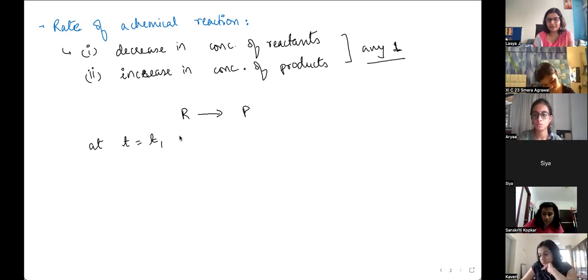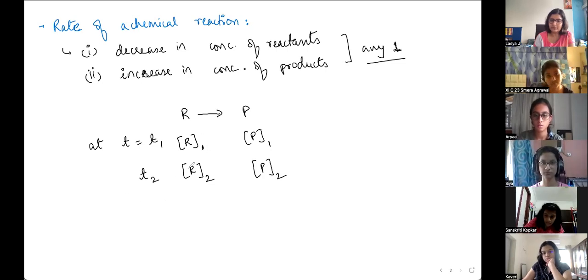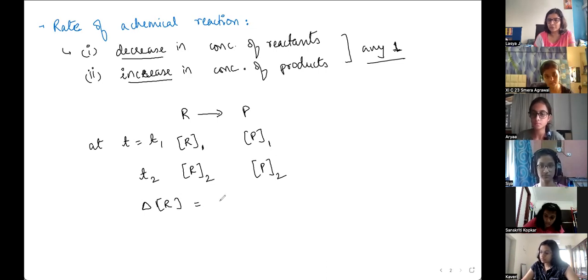Okay, so at t equal to t1, let's say the concentration of reactant is R1 and product P1 has formed. And after some time, when you checked at t2, the concentration became R2 and the product became P2. We are looking at either the decrease or the increase in concentration, right? So the change in the concentration of reactant will be how much? How do you usually measure change?